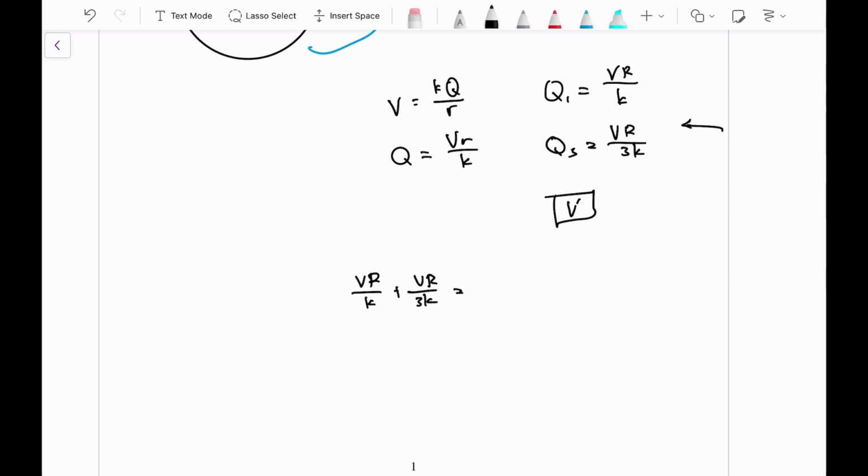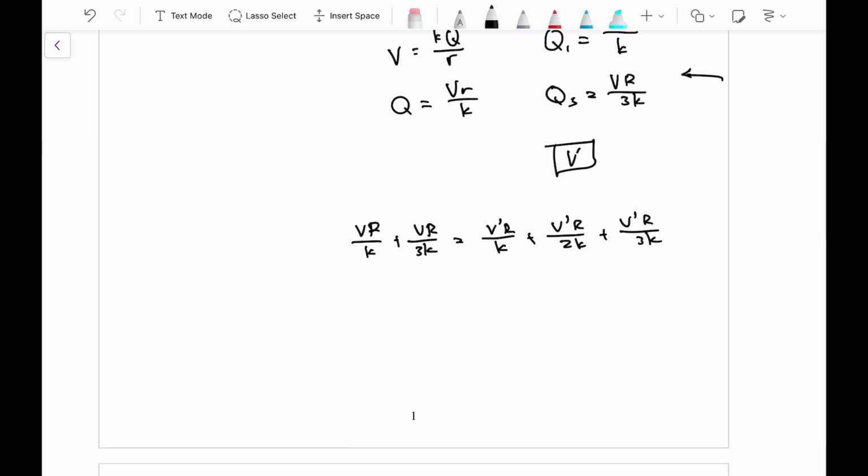And this is equal to V dash times R for the first sphere, and then for the second sphere, it is V dash R over 2k. And then for the third sphere, that is V dash R over 3k.